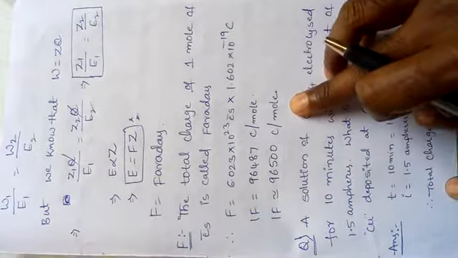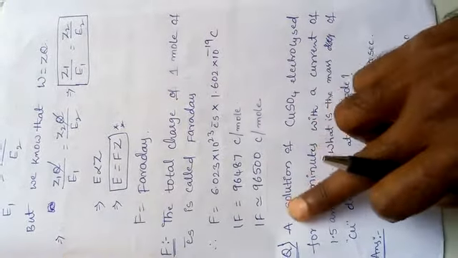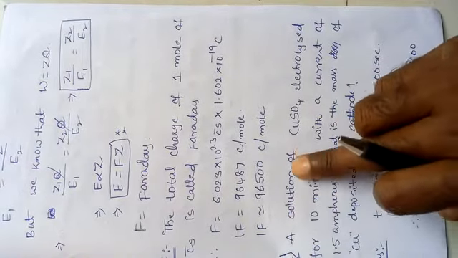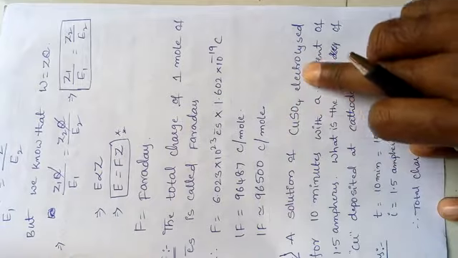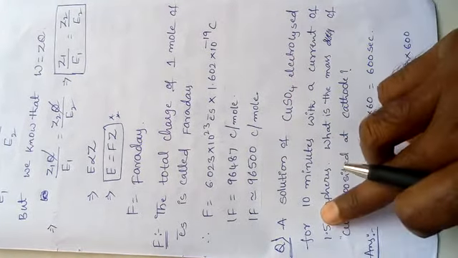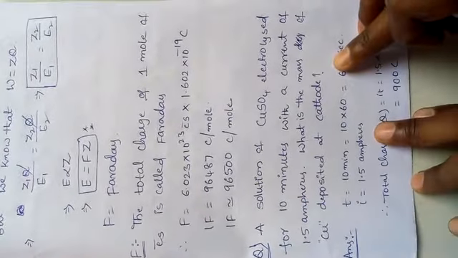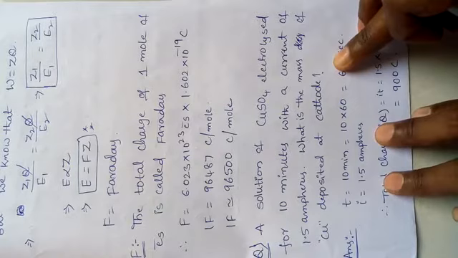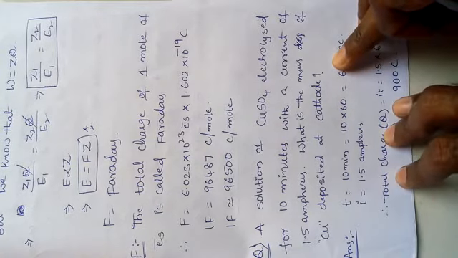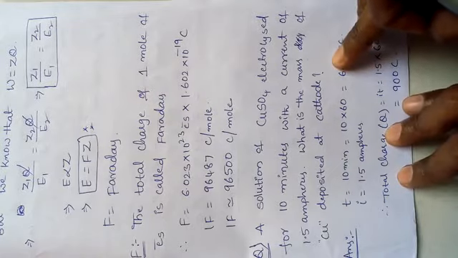Now a problem on Faraday's law. One question is already present in your textbook as a solved problem. A solution of copper sulfate is electrolyzed for 10 minutes with a current of 1.5 amperes. What is the mass of copper deposited at the cathode? Read the question once or twice so you understand the values given and what we have to calculate.